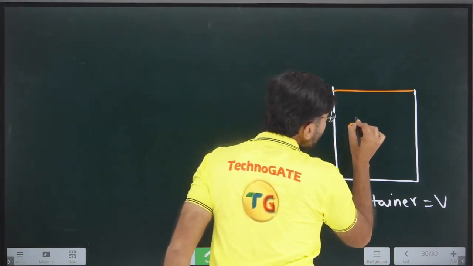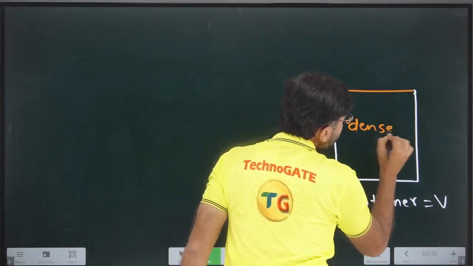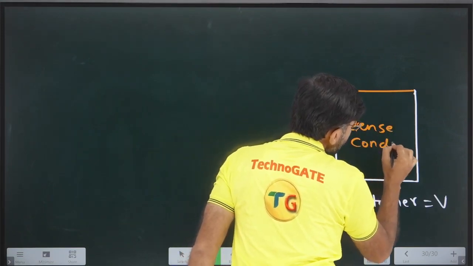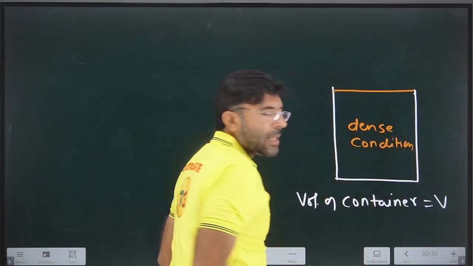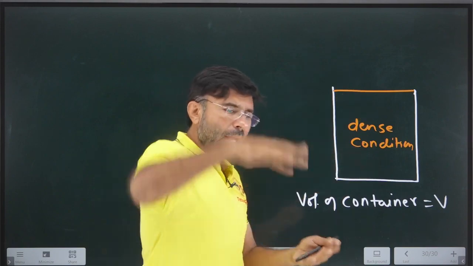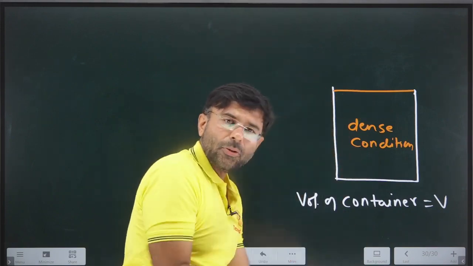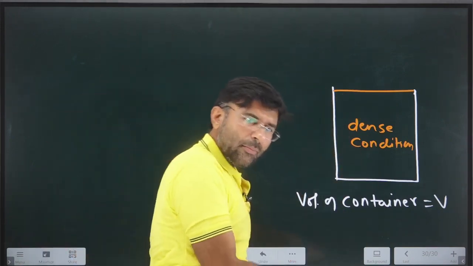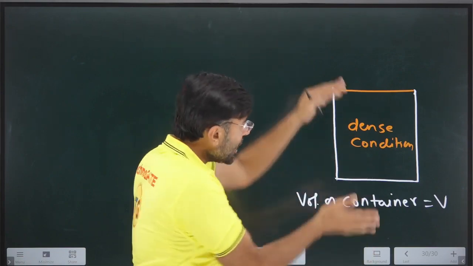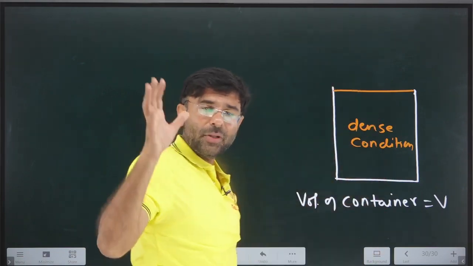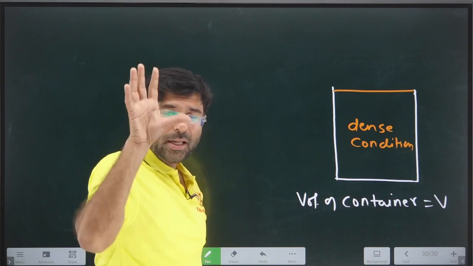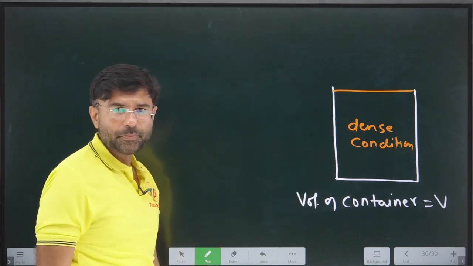So the soil will again be filled in a dense condition. I will fill some soil, apply a force so that the soil densifies, then again fill some soil and densify, so that this container is filled with soil that remains in the densest possible condition.